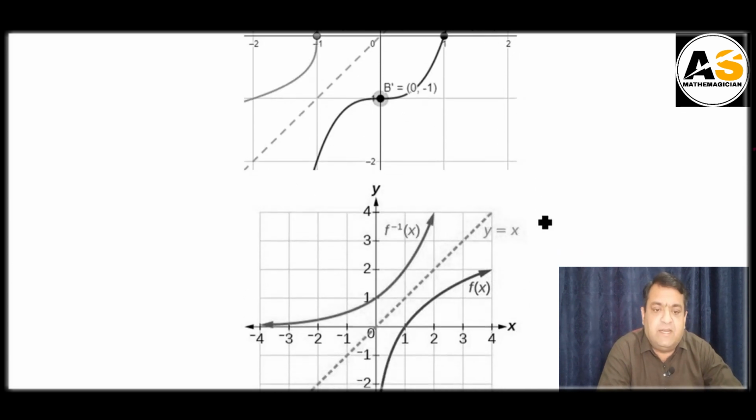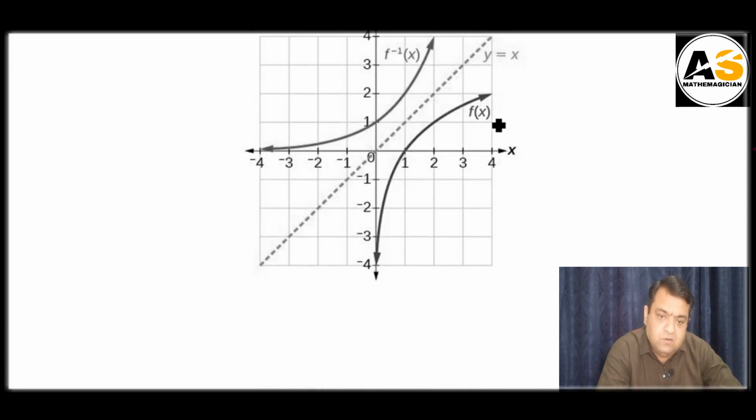Same is the case over here. This is the function's graph, y is equal to f of x, and this is its inverse graph, y is equal to f inverse of x, and you can see that both of these are symmetric about this y is equal to x line. This is the image of this and this is the image of this.